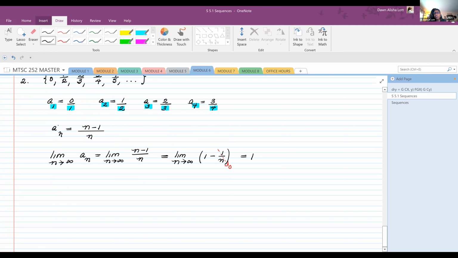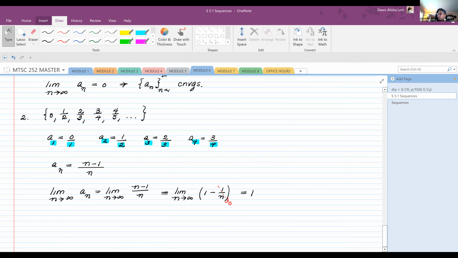So as you keep going out in the sequence, we're going to have numbers that look like 999,999 over 1,000,000. That number is in the sequence. And the number's getting very close to 1, but it'll never equal 1.